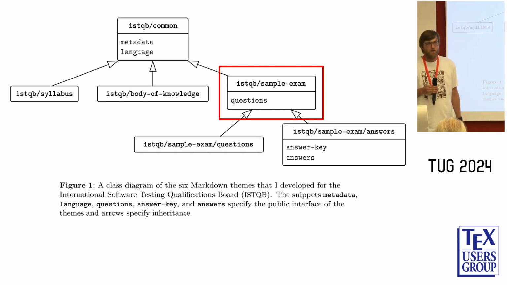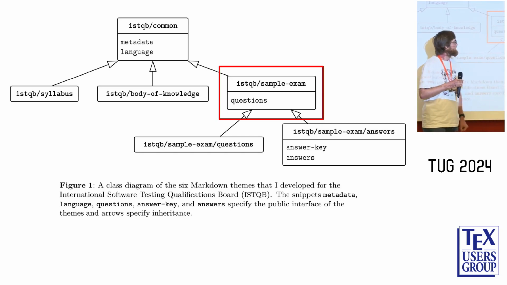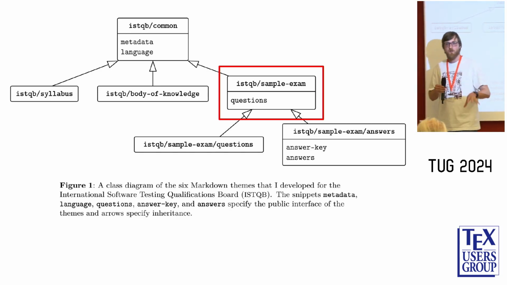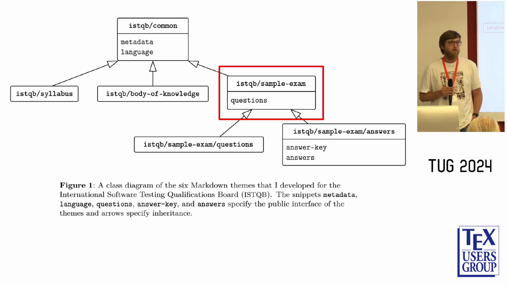In this talk, I won't have that much time, so I will focus just on this ISTQB/sample exam theme, which just processes the YAML file with questions and stores it inside macros. And then the actual typesetting, which is format specific, is left for you to read on in the preprint if you're so interested. I think this is the most interesting part of the themes.